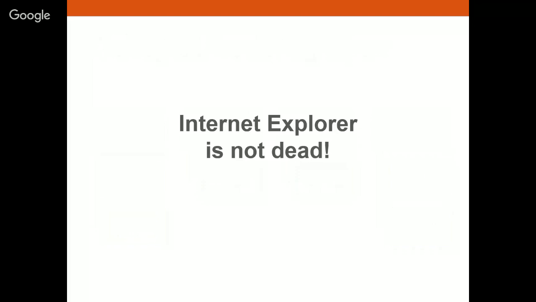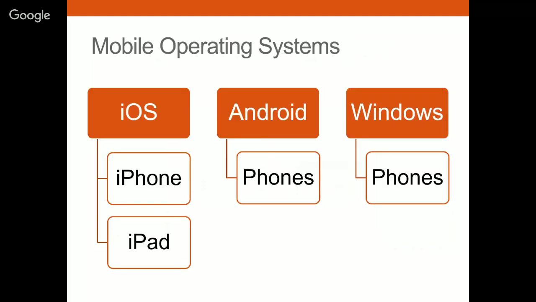Okay, that was for the desktop browsers, but we will also have to test for mobile devices. And of course, the same rules apply. There are many, many more mobile devices than there are desktop browsers and operating system combinations.